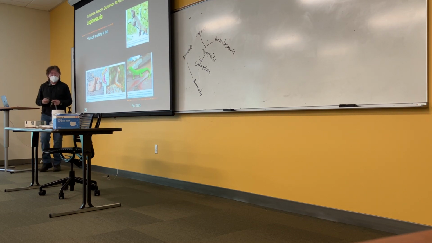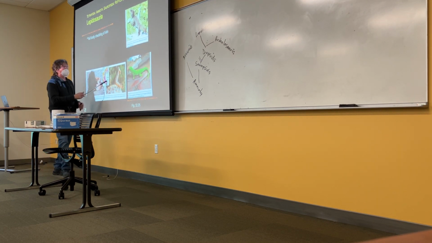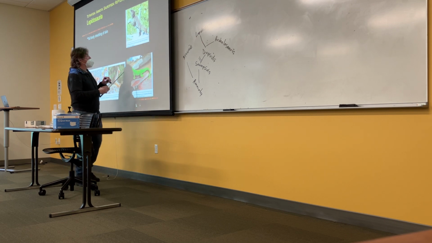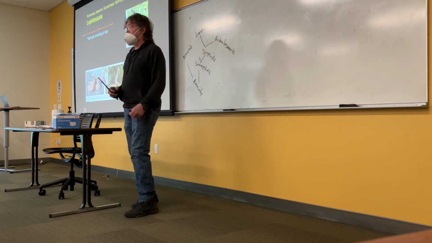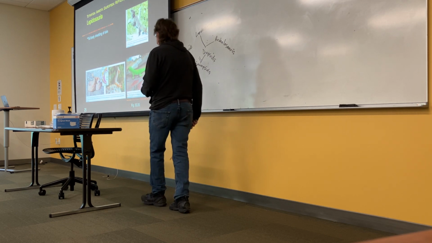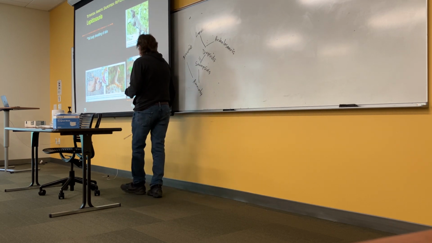Lepidosauria first. These are the snakes, lizards, and the tuatara. Okay, that although it looks like a lizard, it is something a little bit different. But mostly snakes and lizards.